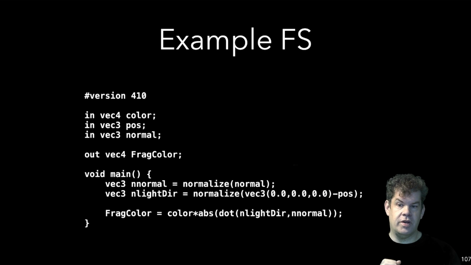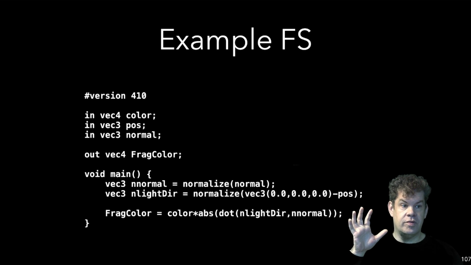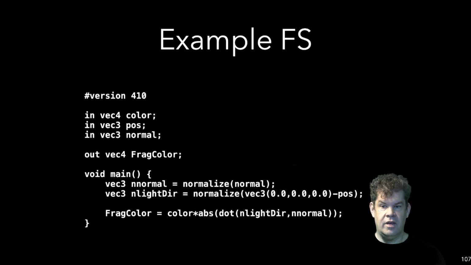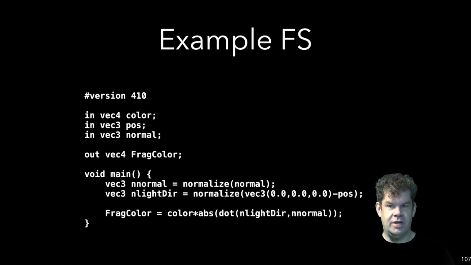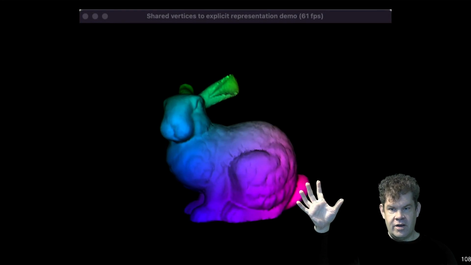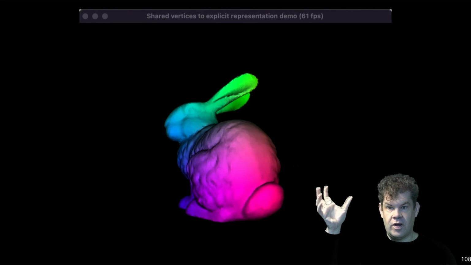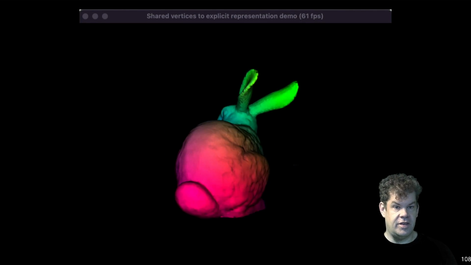And here's the corresponding fragment shader, which just computes diffuse lighting. I will not explain this here, and I want you to look at that at home to figure out why it computes diffuse lighting. As a matter of fact, I took those two shader codes from one of the exercises that you were supposed to do.